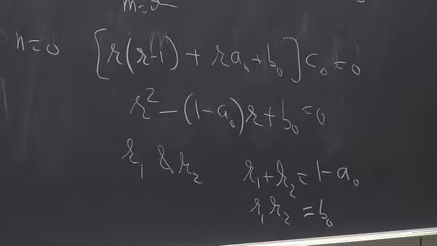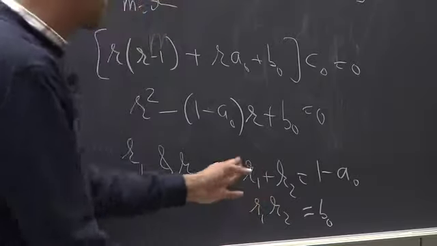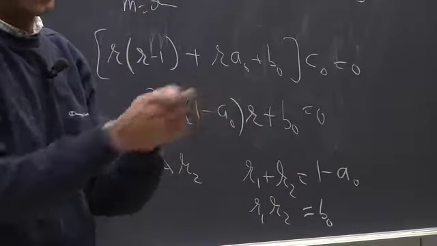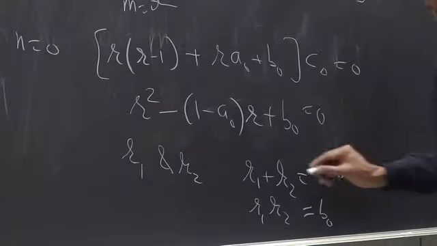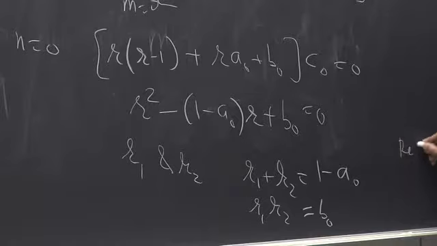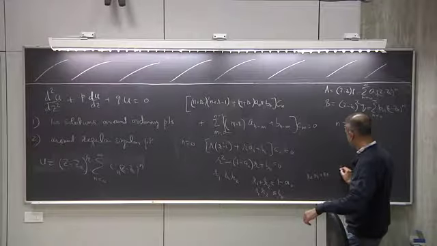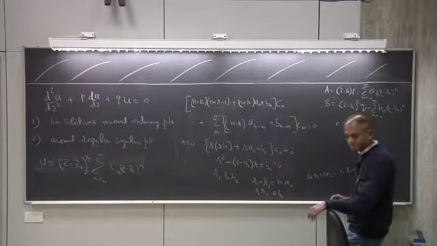Okay. Now, we just give a name, I mean, of these two roots, I will call one of them r1, the other r2. Which one? If I look at the real part of this equation, it is real r1 plus real r2 equal to 1 minus real part of a0, right?